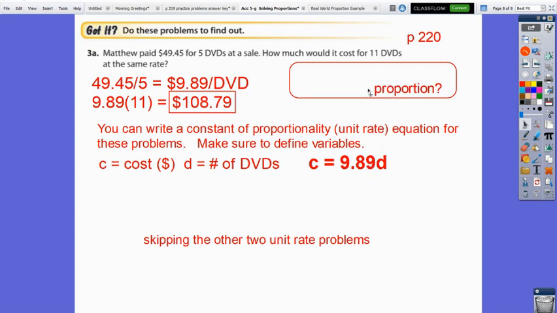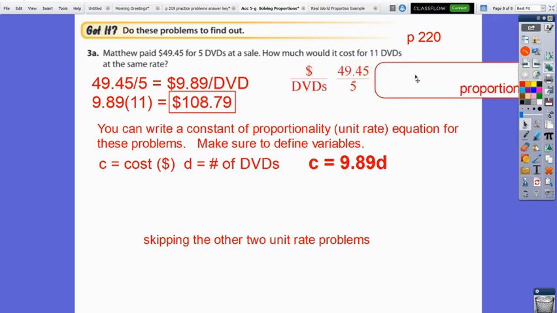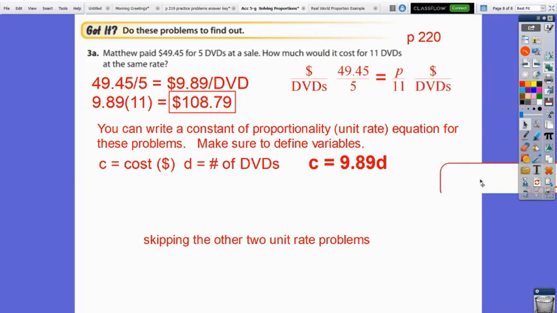Now, you could still solve this one using a proportion: dollars over DVDs equals dollars over DVDs. And if you did the cross multiplication and then divided, you would end up with this same price again, $108.79. All right, so that's the basics of solving proportions.